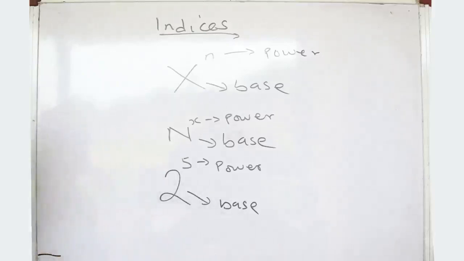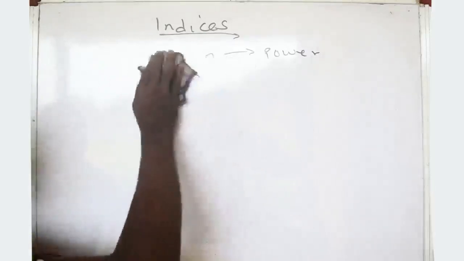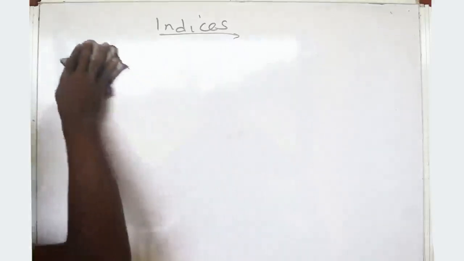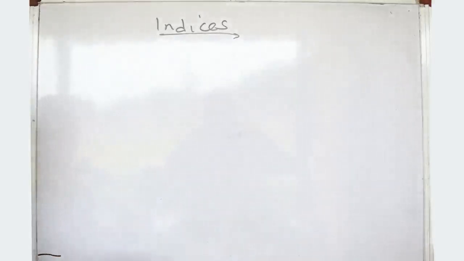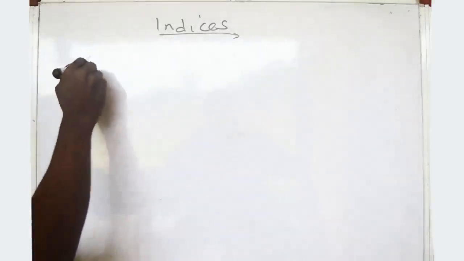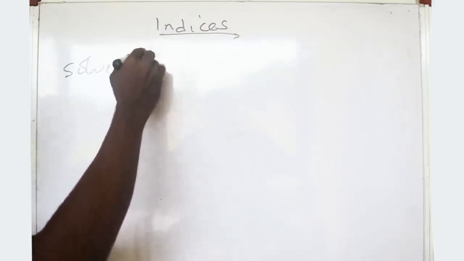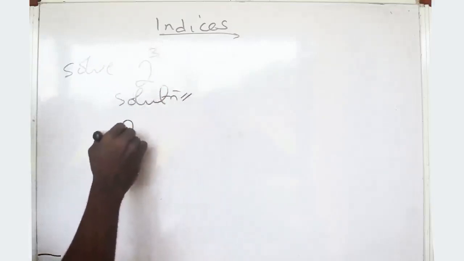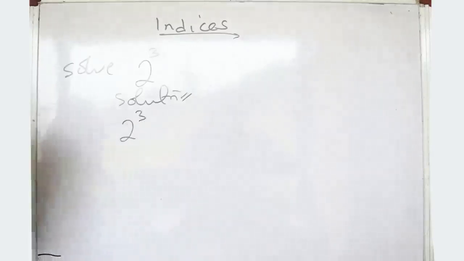So in this regard, let me go back to explain vividly what indices is all about, because it's also one of the topics that give people nightmare, which is not hard at all. For instance, if I just solve 2 raised to power 3, you just write solution. 2 raised to power 3, the 3 there is the power, the 2 is the base.